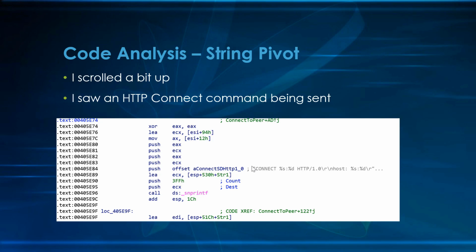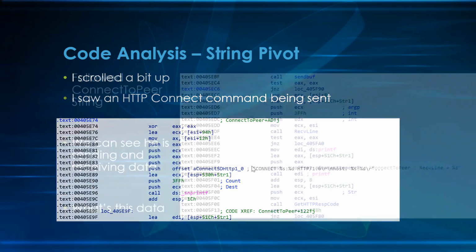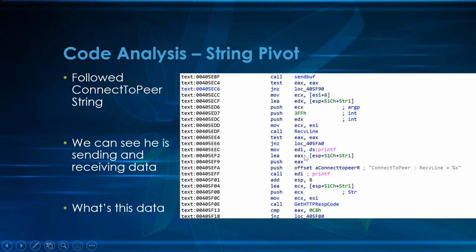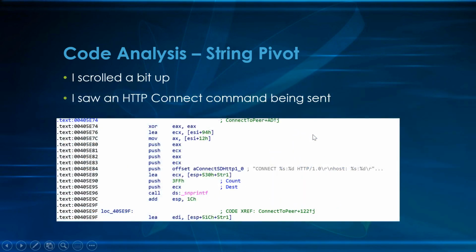Even without fully understanding the code, you can still understand what this malware is probably doing and what the whole flow of the code looks like, so you can understand more about the malware. If you are studying assembly and you want to be a malware analyst, then this string pivot can help you shorten the time you spend analyzing your malware.